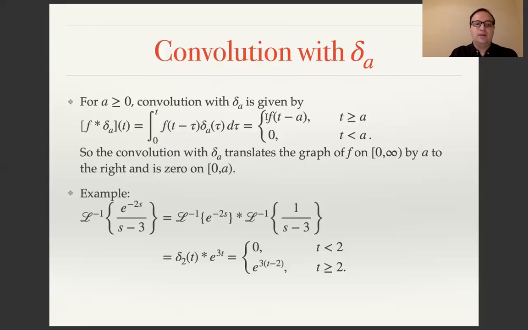So taking the convolution of any function f with delta sub a moves the graph of f on [0, infinity) by a to the right, and the remaining gap between 0 and a is filled with the value 0.